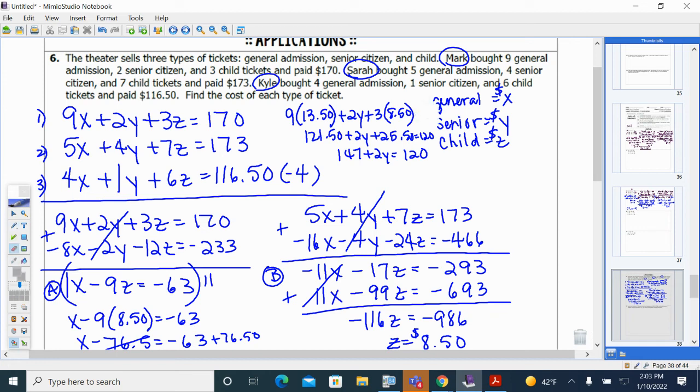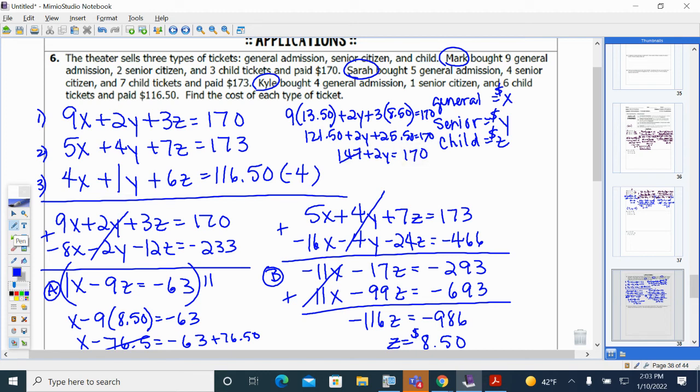I had written this and I couldn't even read my own handwriting. This is not 120. This is 170. So sorry, y'all. I knew something wasn't turning out right because I was going to end up with a negative value there.